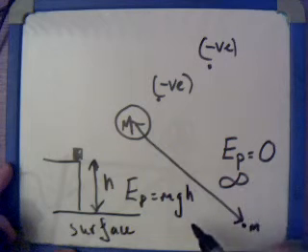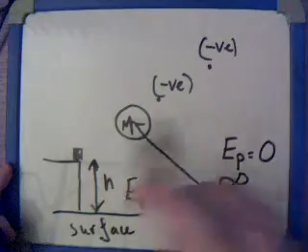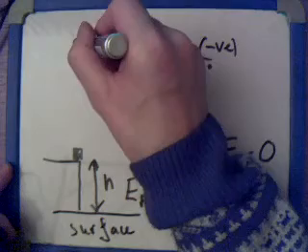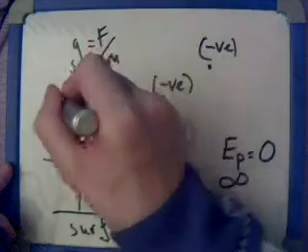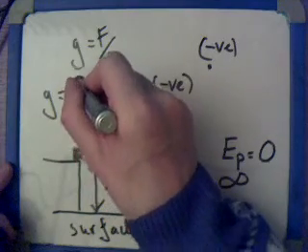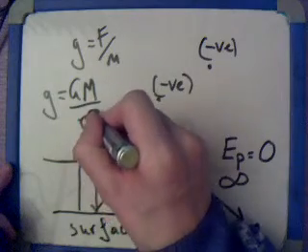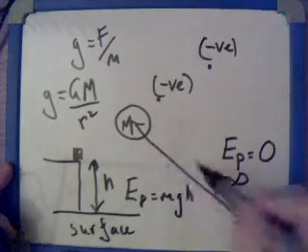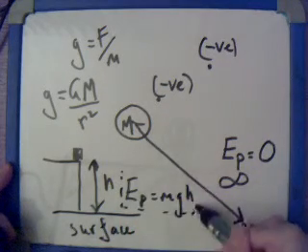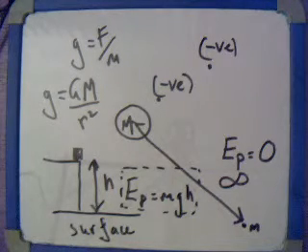However, for the Earth, g is constant around the surface. However, the gravitational field strength, g equals F over m, force per unit mass, which is also equal to the universal constant G times M divided by r squared, depends upon how far away it is, distance r from the centre. So we can't use this simple formula anymore, as we're getting a long way from the planet. So what do we do instead?